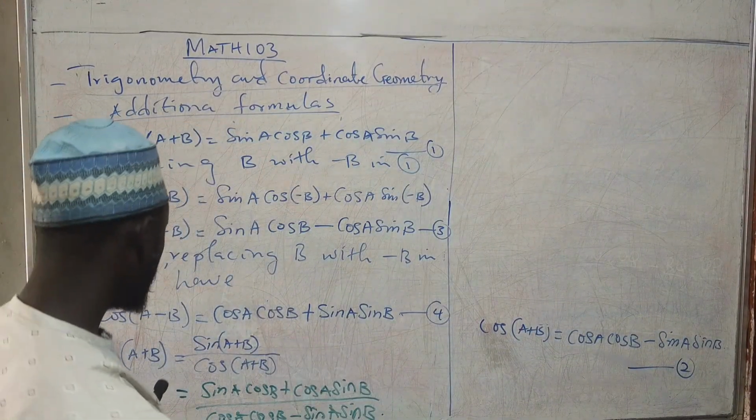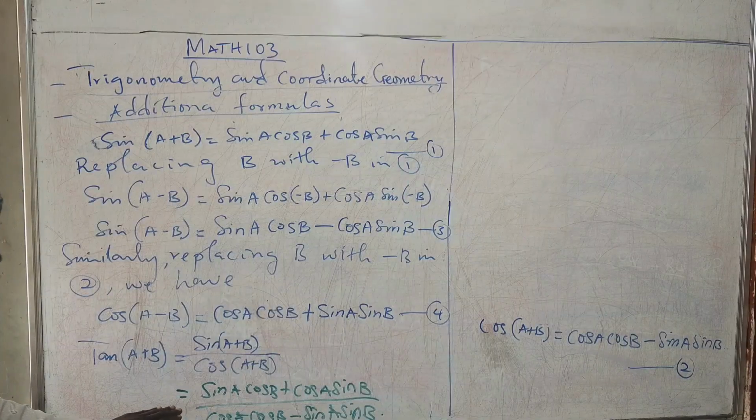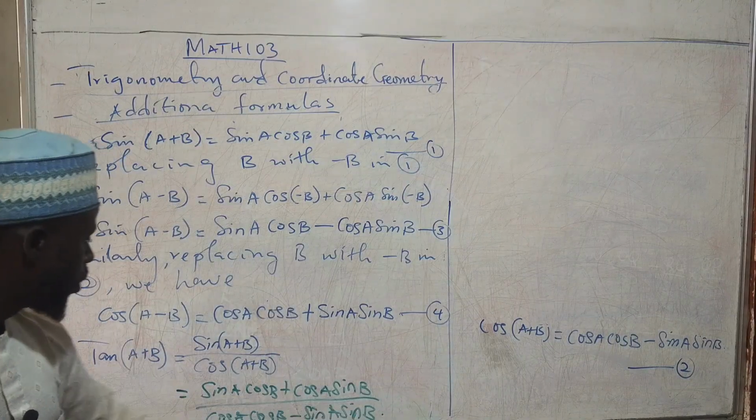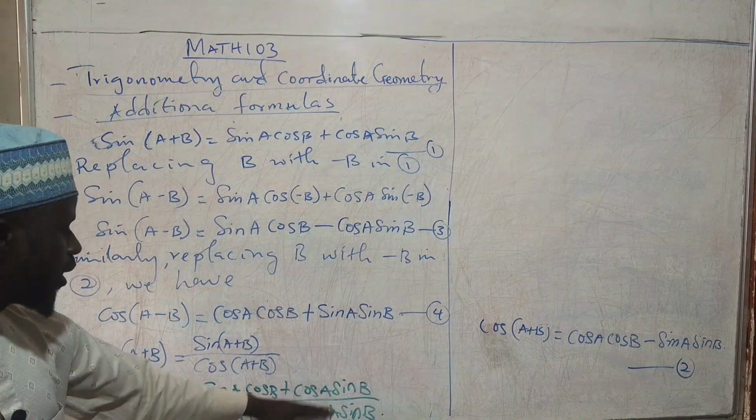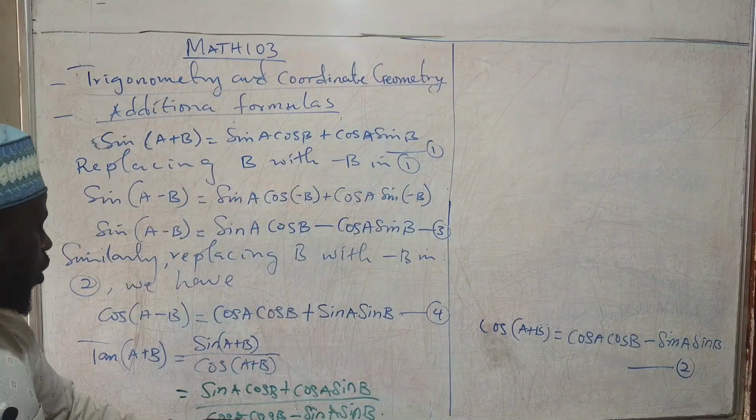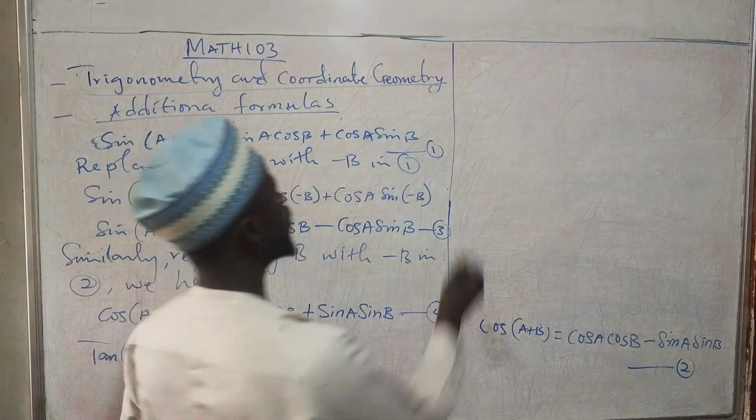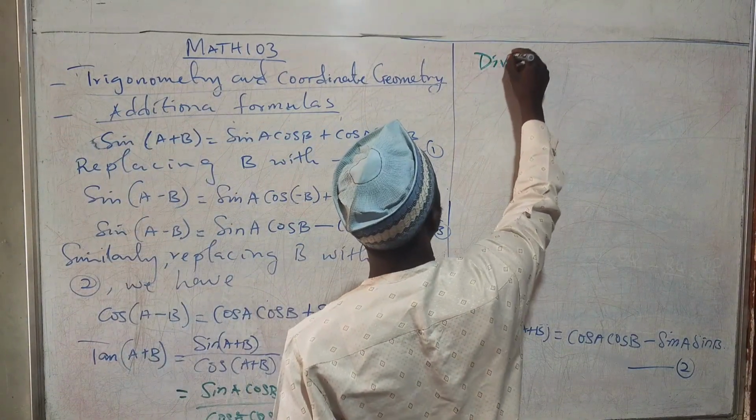Now we need, so dividing both the numerator and the denominator by cos A cos B, what do you have?